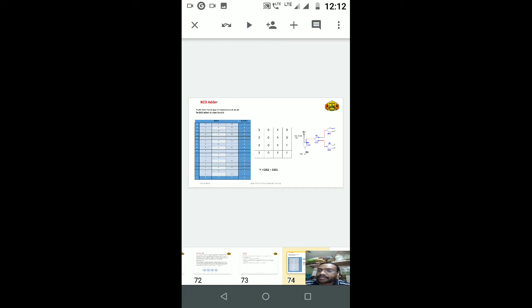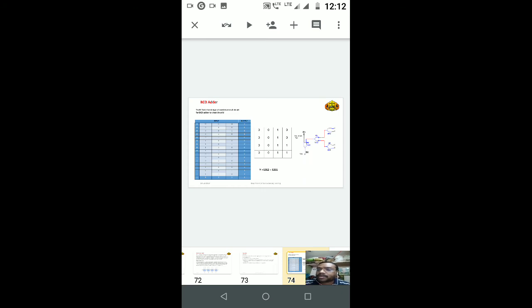On the top of the first column I wrote S3 bar S2 bar. On the second column I wrote S3 bar S2. On the top of the third column I wrote S3 S2, and the last column I wrote S3 S2 bar. Likewise I wrote onto the rows from first to fourth.